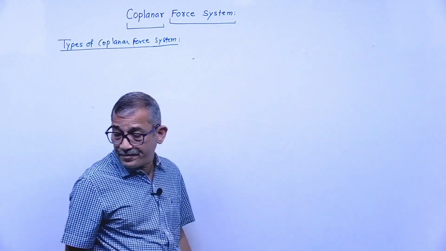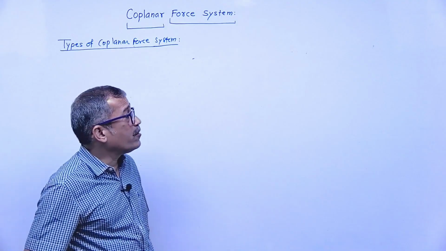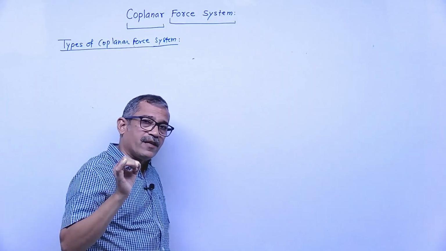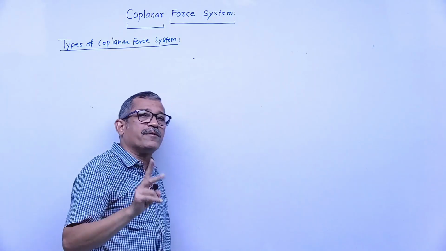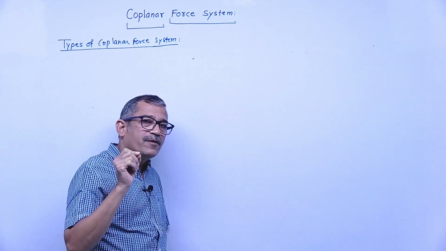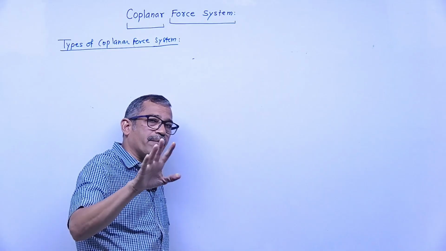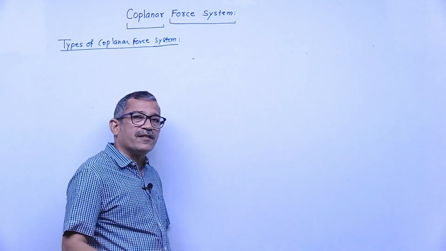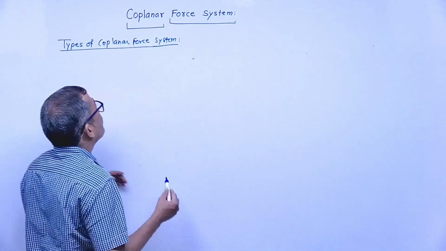If lines of actions of all the forces are parallel to each other, then it is called a parallel force system. The two types are like parallel and unlike parallel. Like parallel means the directions of all forces are the same. They are parallel and in the same direction. When they are in different directions, it is called unlike parallel.